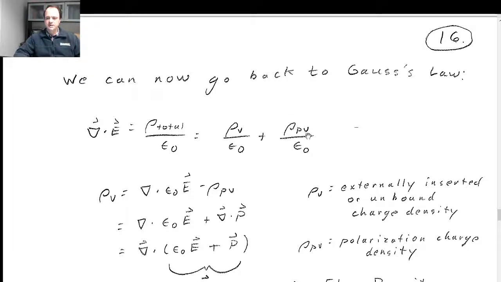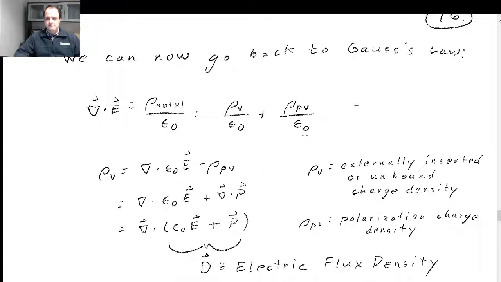And that's this right here. So we separate those two things: a free charge or externally applied charge, and a bound charge, a polarization charge. All right? And so then we can solve for this. We can take this over to the other side, multiply through by epsilon naught, and we get this right here.